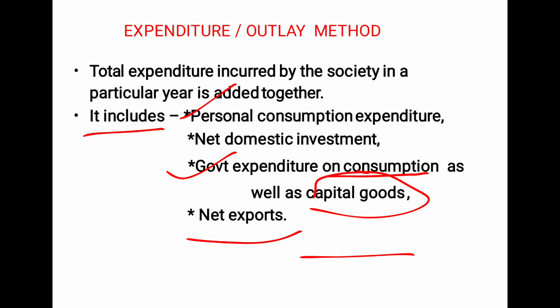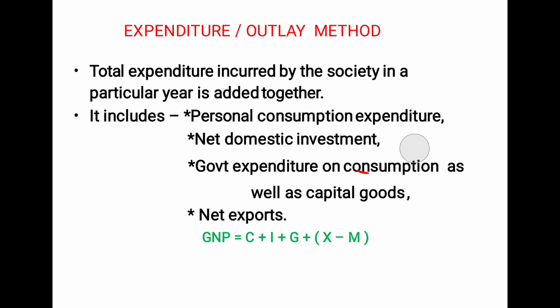Next one is we have to include net exports also into the expenditure method. How much of expenses is going to be incurred when we send goods from one country to another. This is easily calculated with the help of a formula. So what is the formula?